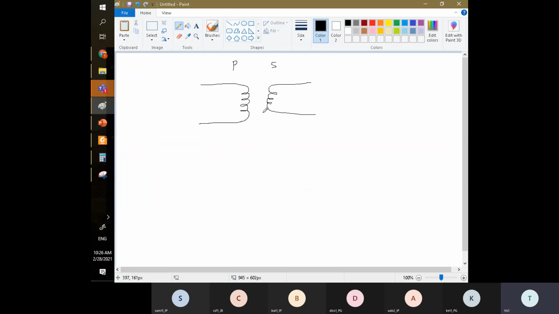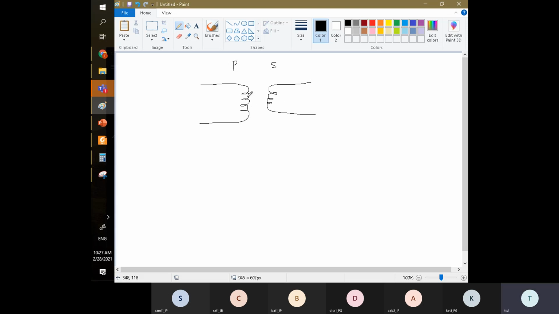You know how the transformer works, right? It transfers power from high voltage to low voltage, or from low voltage to high voltage, using mutual electromagnetic fields. You build the two coils and link them with an iron core, so that the magnetic field generated by the primary can be shared by the secondary, and then you get the voltage here.